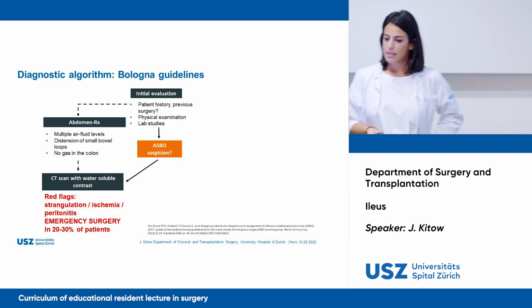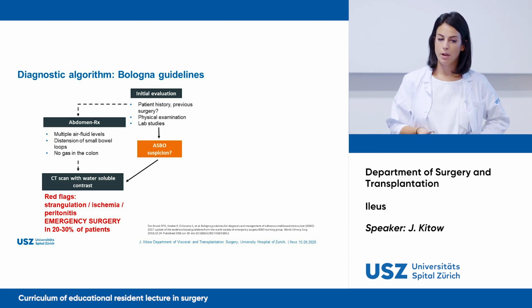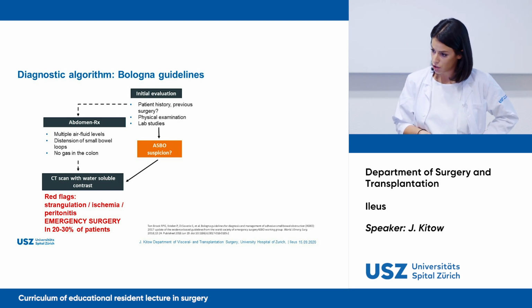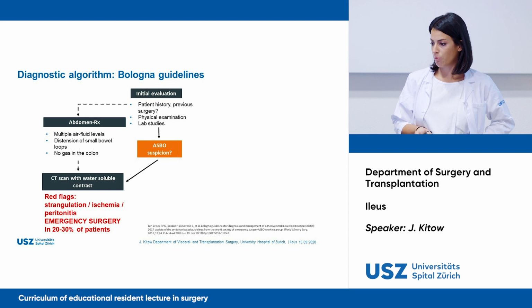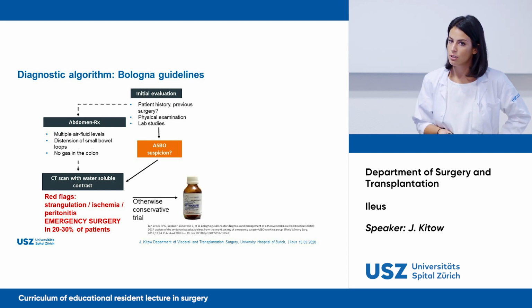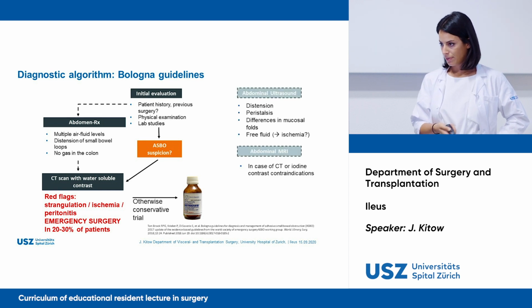When we see in the CT scan red flags such as strangulation, ischemia or peritonitis, this is an emergency surgery indication, so the patient has to go to emergency surgery directly, and this will be seen in 20 to 30% of patients. Otherwise, we can go for a conservative trial by applying gastrografin.